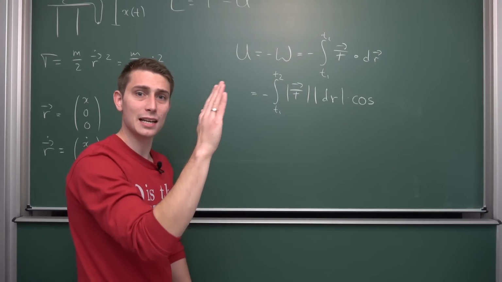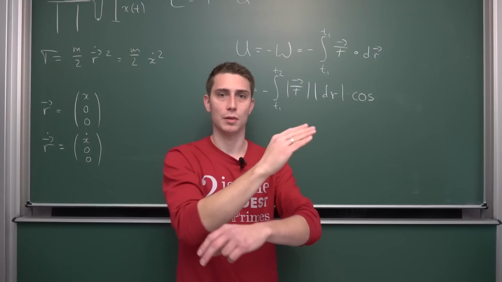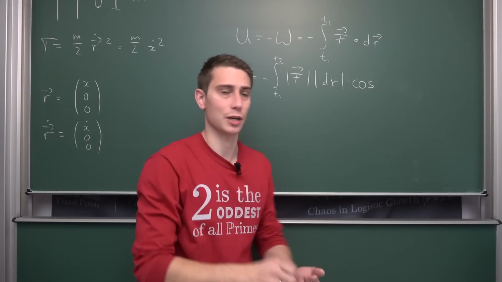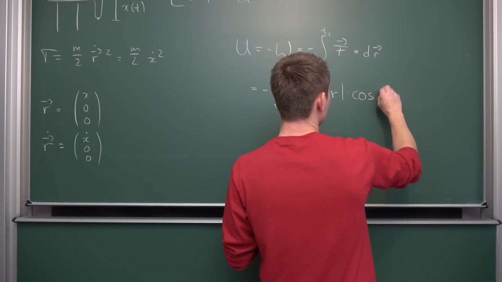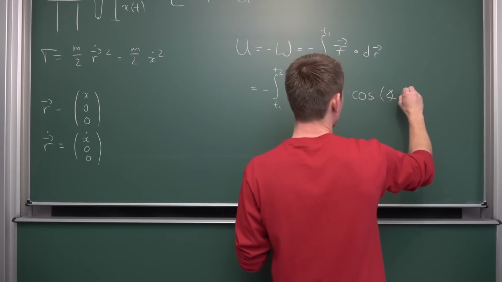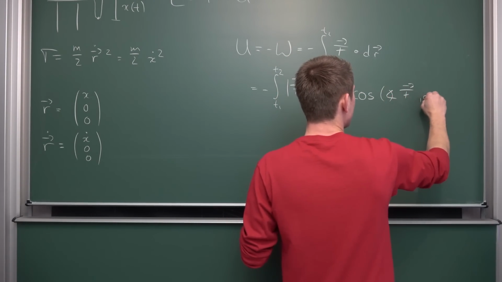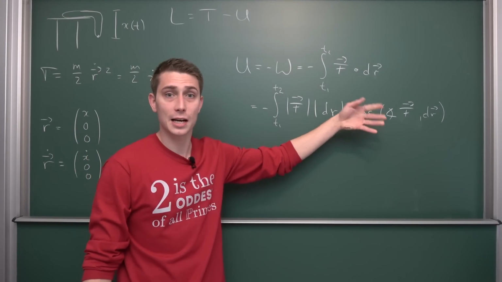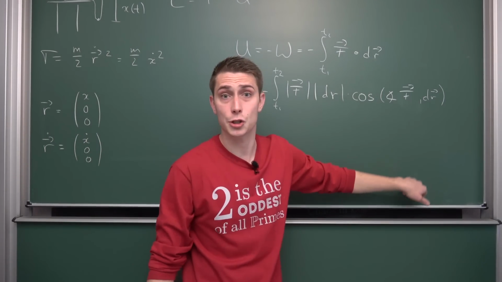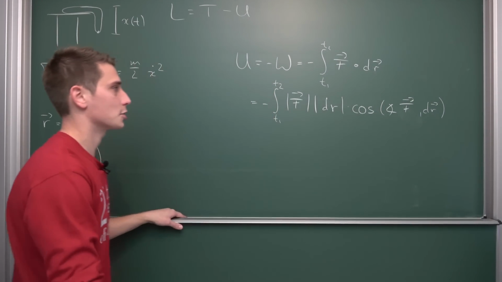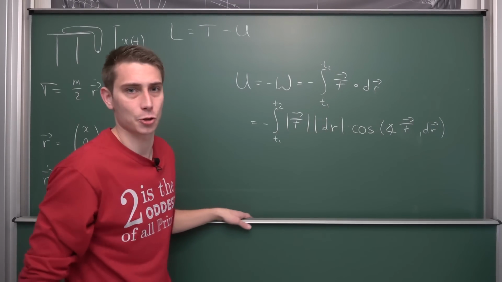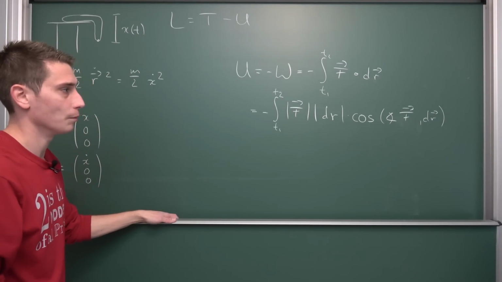We see how our force and our infinitesimal direction stand at a certain angle. What is the angle enclosed by those? So we have the cosine of the angle between our force and our infinitesimal. It really doesn't matter if the cosine is inside or outside the integral, because this is just going to be a scalar overall. Because this is just the dot product, it's going to spit out a scalar overall.